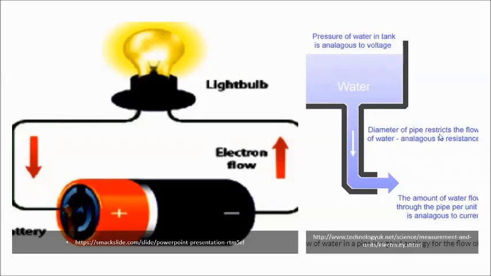The diameter of the pipe restricts the flow of water, and this is also analogous to resistance. And at the opening, the amount of water flowing through the pipe per unit time is analogous to electric current, where an electric current is the flow of electrons per unit time, or flow of charges per unit time.